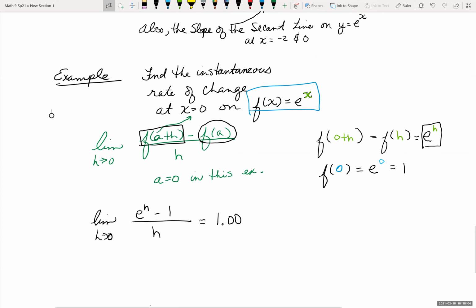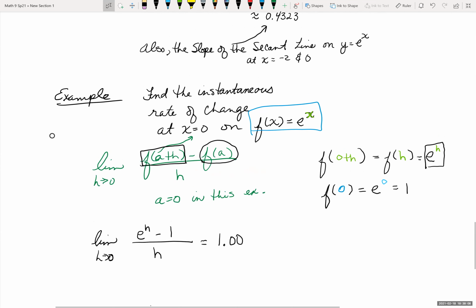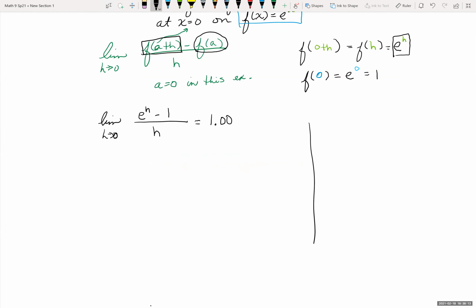Okay, so what is that saying again? If we looked at our graph of our function e to the x, which looks something like this, at x equals 0, if I was looking at the tangent line, so kind of think again about the car driving, what way would your headlights be facing at night?